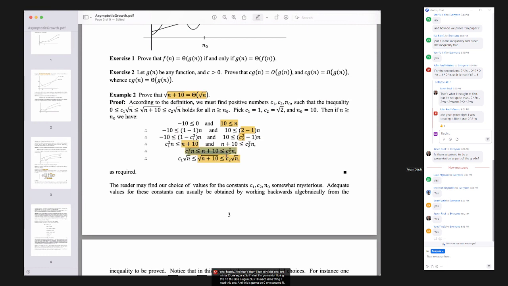So if I put this one, this is going to be the result. So I have n plus 10 between C2 squared n and C1 squared n, less than or greater than, and then I take the square root. So this is going to be this one. I got it. And then I show this one. Just consider C1 equal to 1 and C2 equal to the square root of 2. Does it make sense?